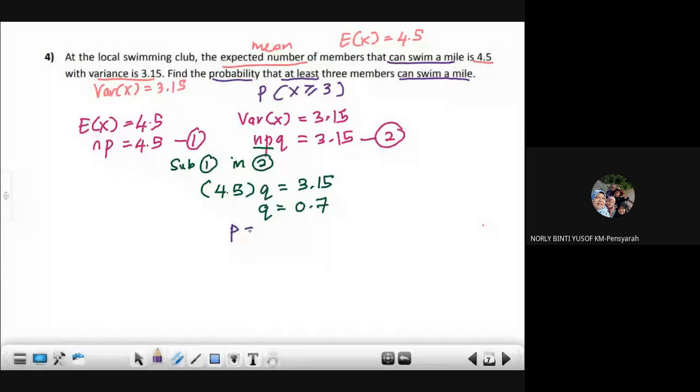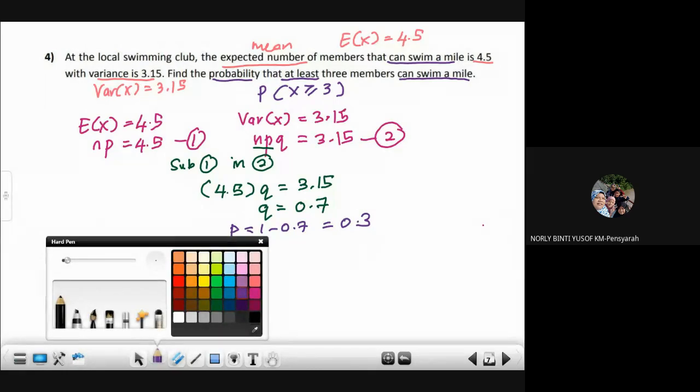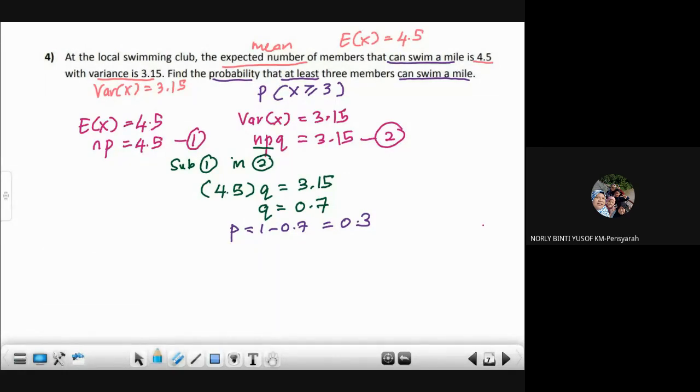So P akan jadi 1 minus 0.7, 0.3. So carilah N kan, sebab dah cari success dengan non-success. So nak cari N, masukkanlah 0.3 dalam equation 1. Okay, sub P in 1. So dapat 4.5. So N akan dapat bahagi dapat 15.